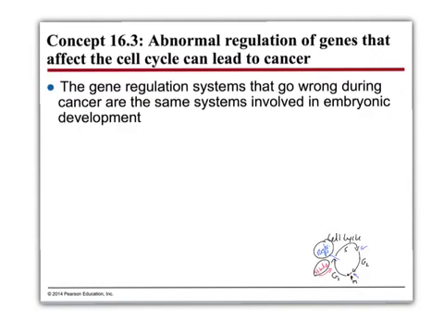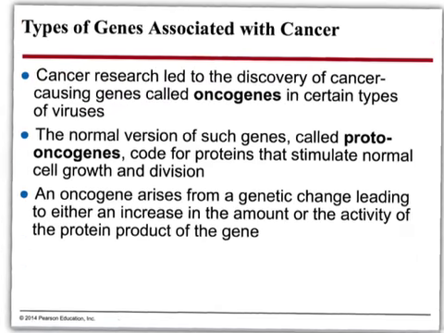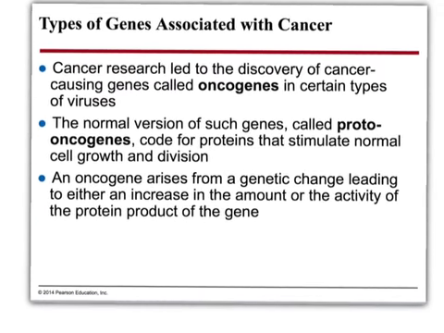Those genes can be targets of mutations, problems, etc. And we're going to go through a couple types of those things that occur in cancer today. But they're the same systems that are in embryonic development and in normal development. So, types of genes that are associated with cancer.